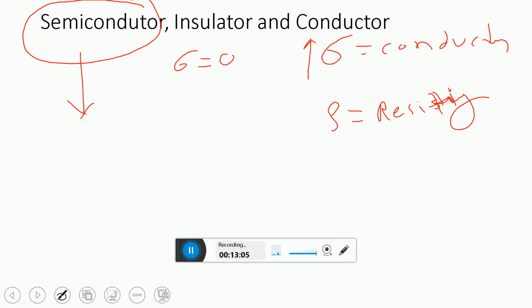So the conductor has very low resistivity, the insulator has very high resistivity, whereas the resistivity of the semiconductor lies in between those of the insulator and conductor.